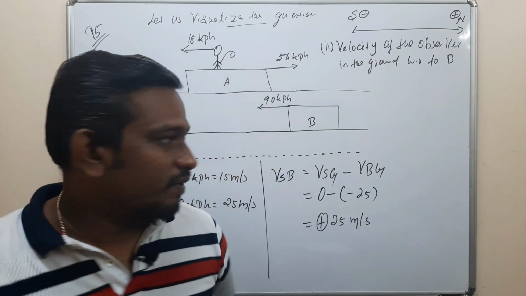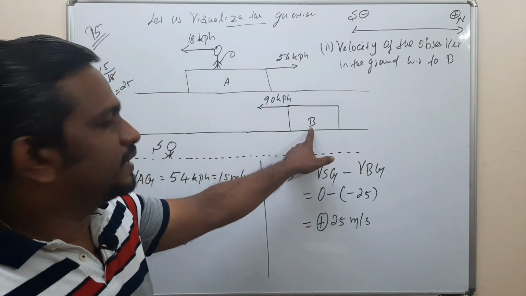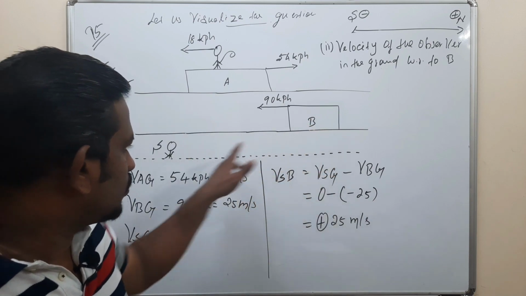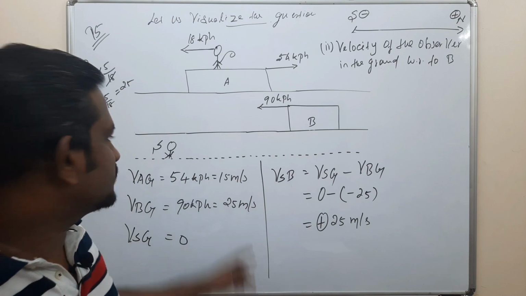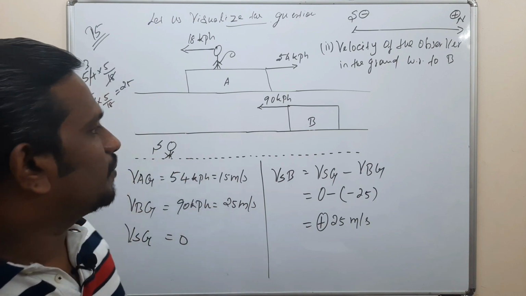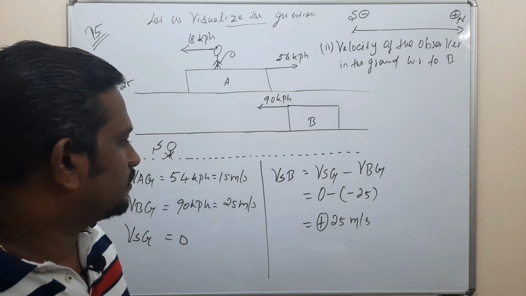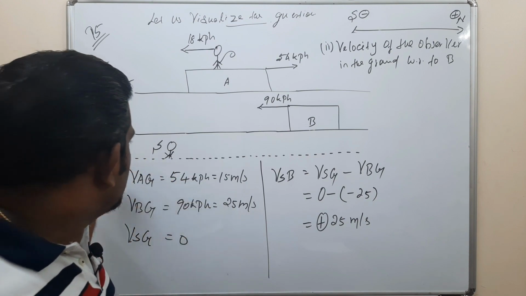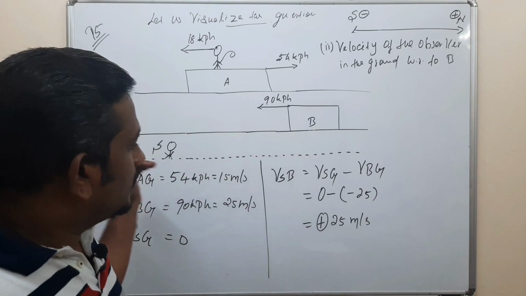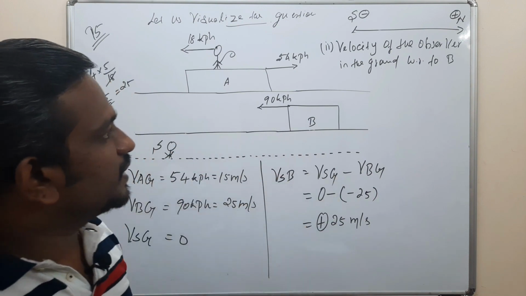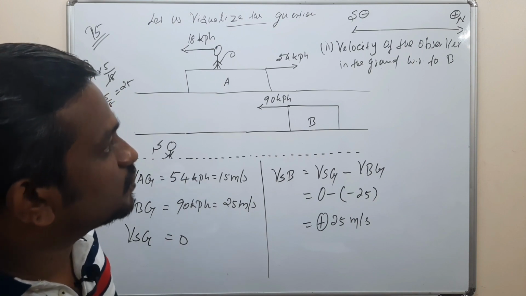So what is the meaning of this? When an observer in train B looks outside at the man on the platform, he feels that the man is moving with a positive velocity, plus 25, at the speed of 25 meter per second towards north.